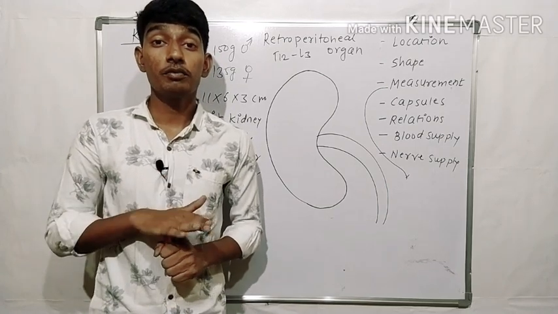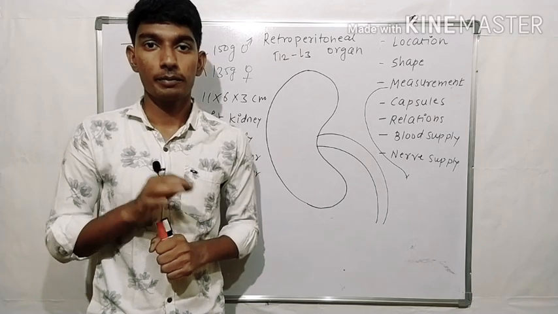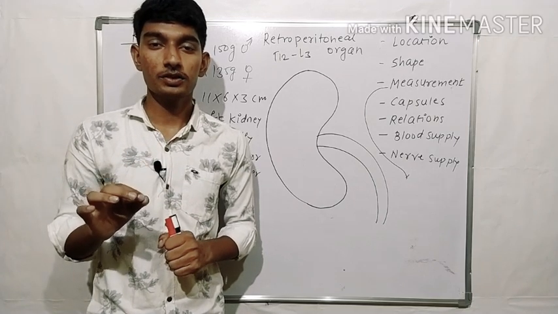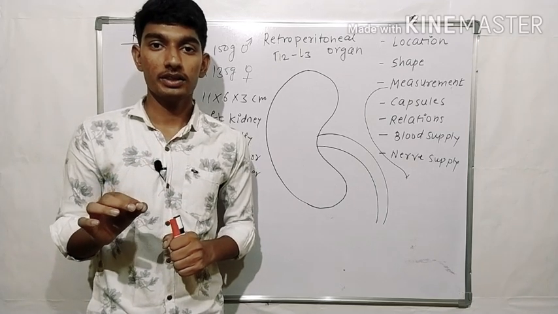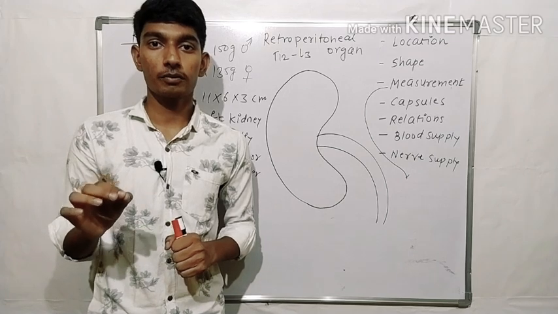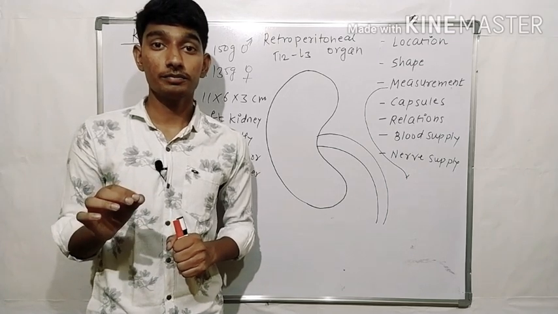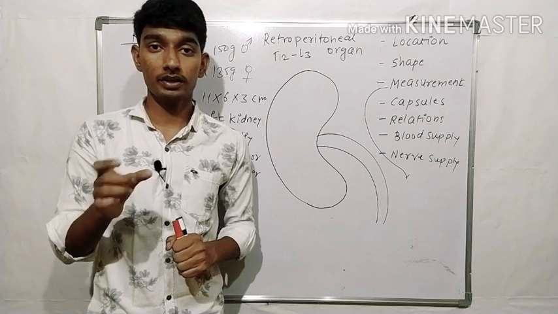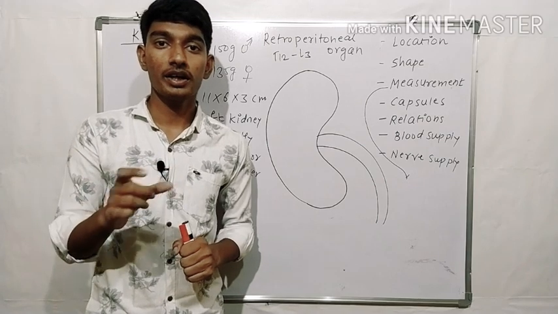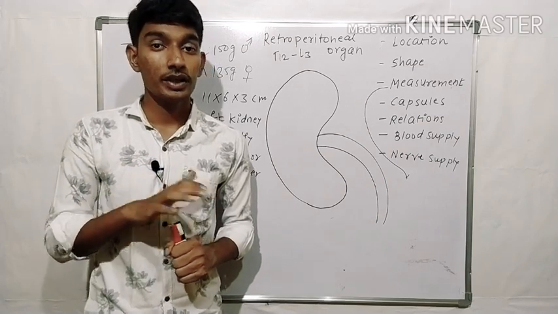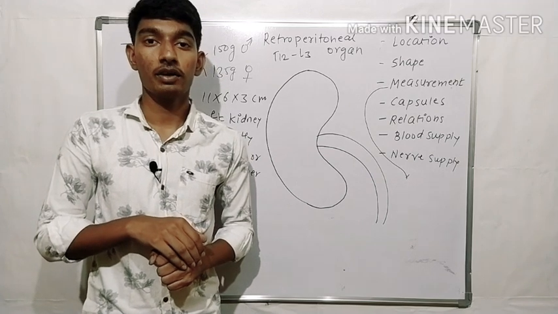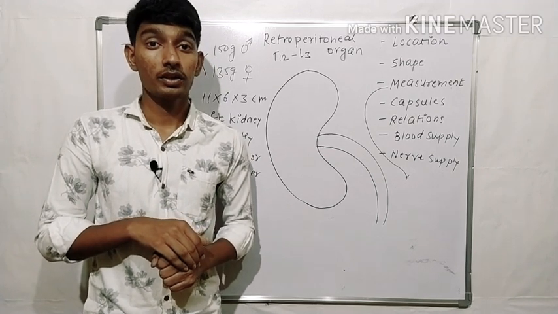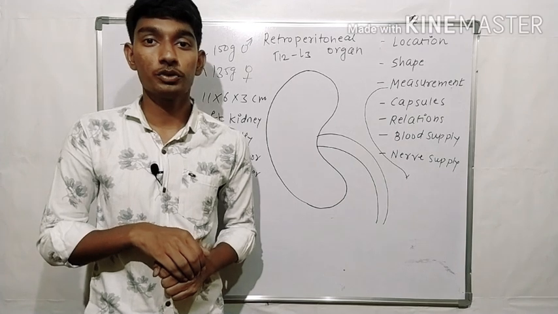What are the major functions of the kidney? The major function of the kidney is to remove waste matter, that is excretory products, from the body, and to maintain the balance between water and electrolytes, thus keeping the internal environment constant. That process is known as homeostasis.